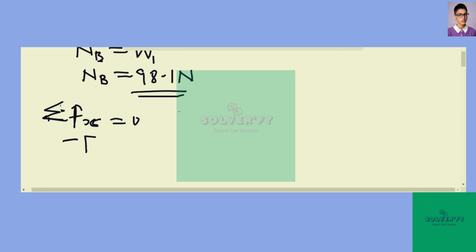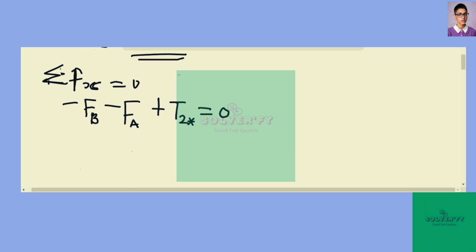So we have minus FB minus FA, which is the frictional force at A, plus the tension going out to the right, T2 star, equal to 0. Solving this, the force T2 star is equal to FA plus FB.